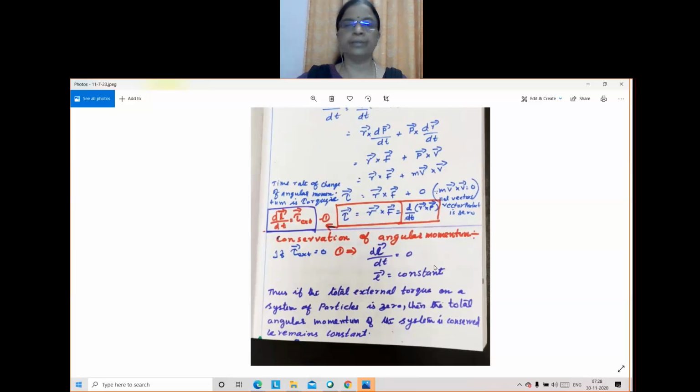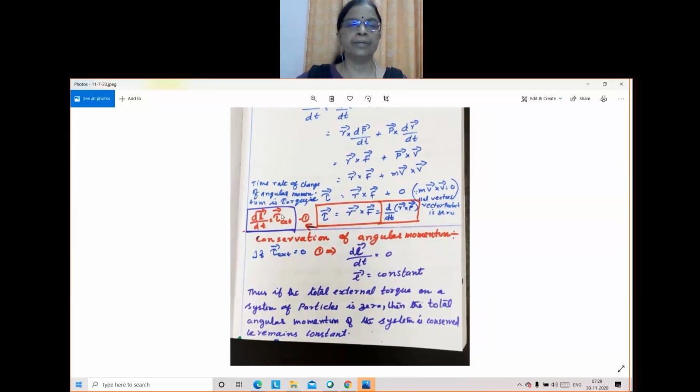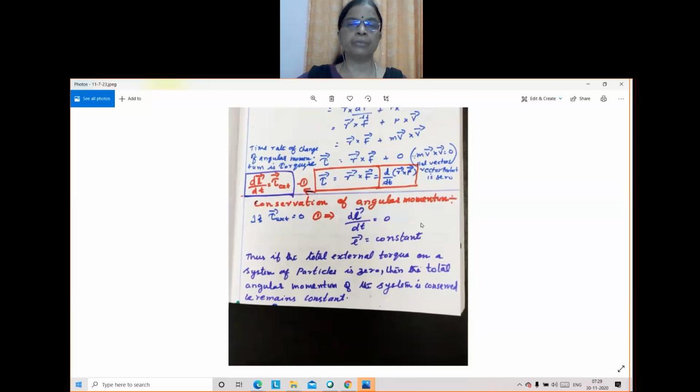Very important relation. When you study all these relations, you have to compare them with linear motion. Understand? Rate of change of angular momentum, torque. Rate of change of linear momentum, force. Like that, you have to compare both equations.